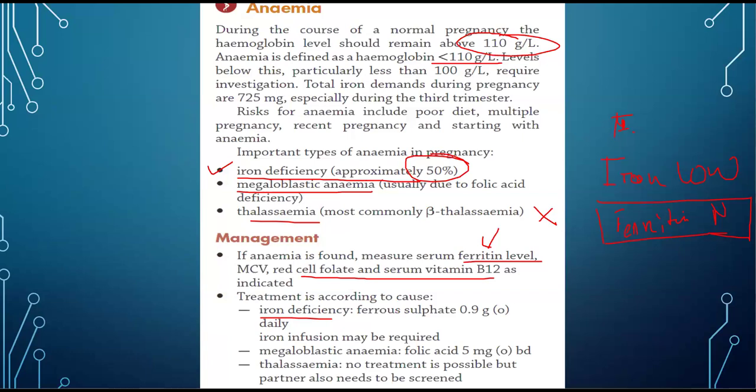No, we don't give routine iron in Australia. We only give iron if the blood test shows the patient has a deficiency. It's not a routine thing. And yes, Dr. Asfar, first you do the complete blood count and then you do iron studies.